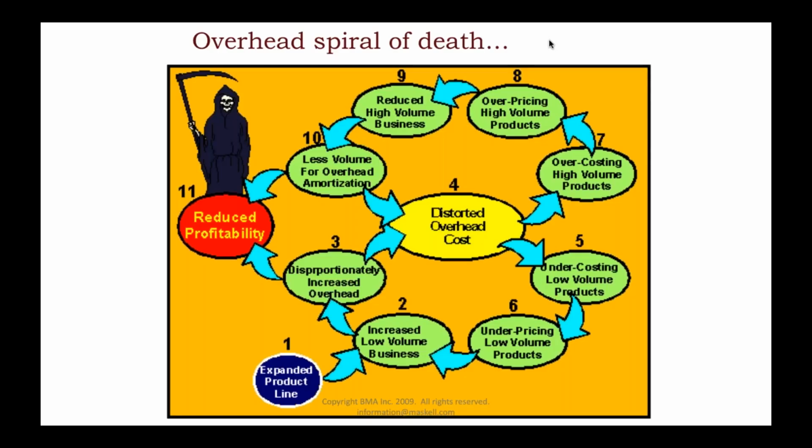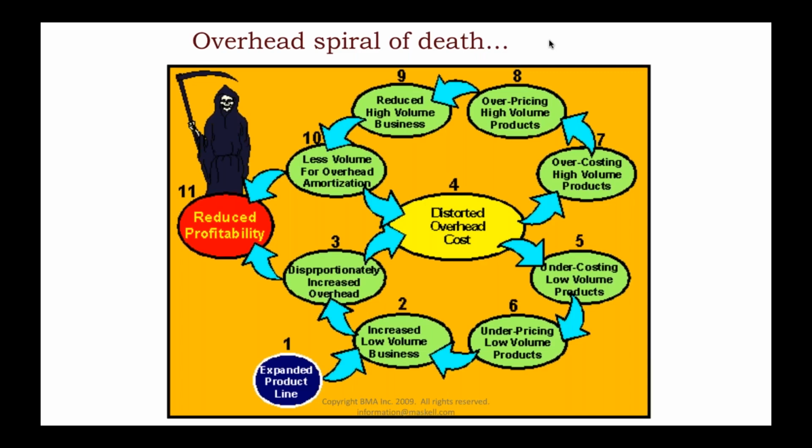We also have this overhead spiral of death. Now, this slide that you see is something that was given to me by the Boeing company, and they did some work on this a few years ago. And again, many of you in manufacturing may have experienced this, where the distortion of the overhead costs that are assigned to products makes companies sometimes want to outsource products or discontinue products.